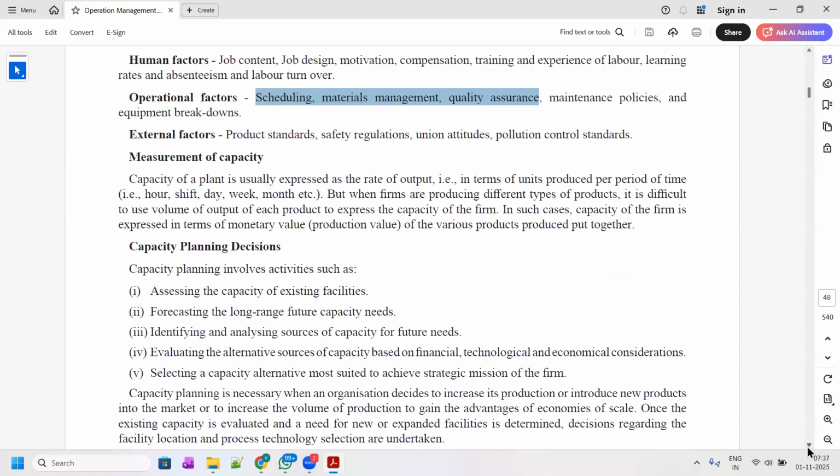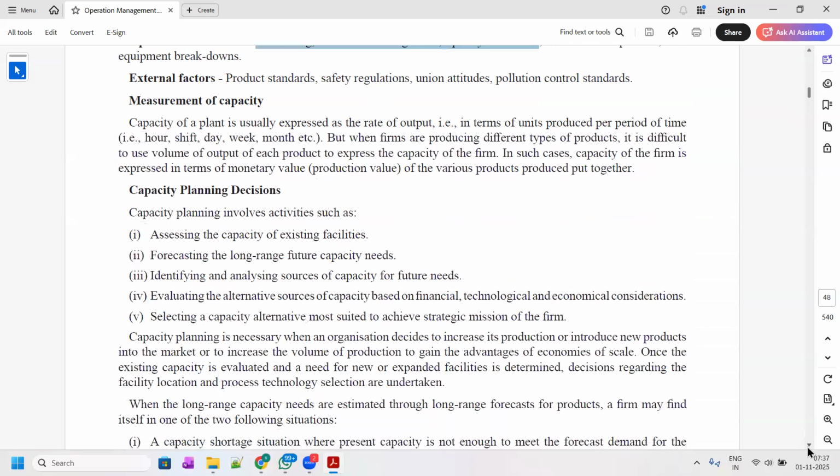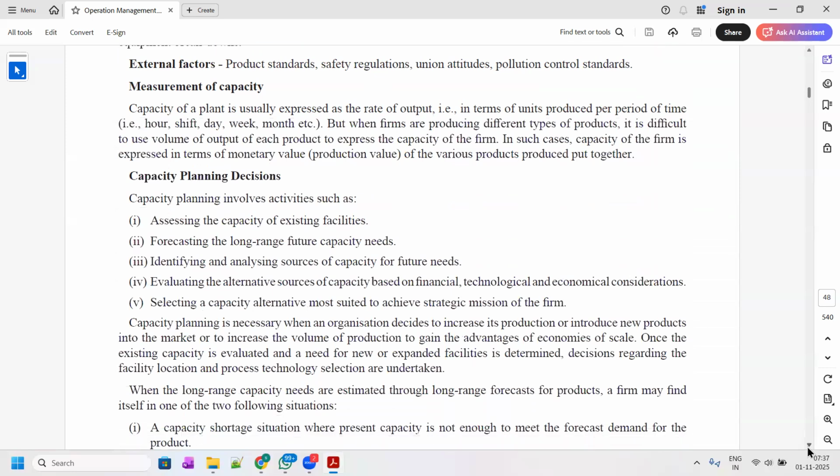Then when we talk about measurement of the capacity, what do you mean by the measurement of the capacity? How can we work on the measurement? Here we need to understand that the capacity of the plant is usually measured as the rate of output. For example, units produced per hour, day, or week.